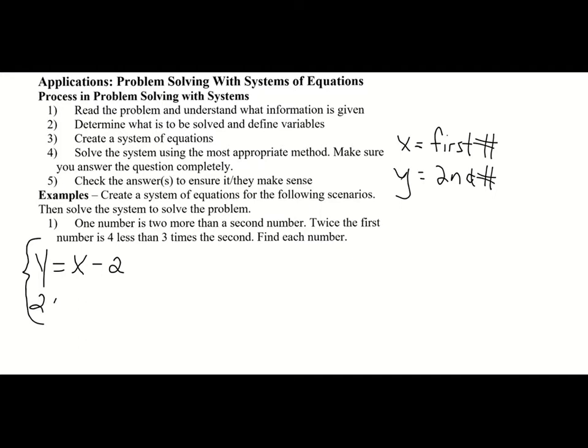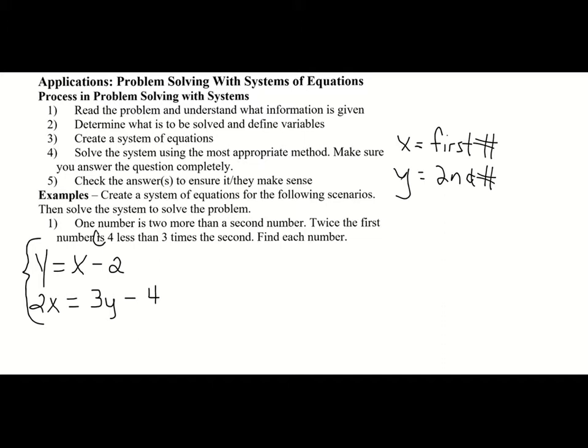So let's do 2x, and then the equal sign. So twice the first number is 4 less than 3 times the second. So 3 times the second would be 3y, and then minus 4. So there are our two equations.